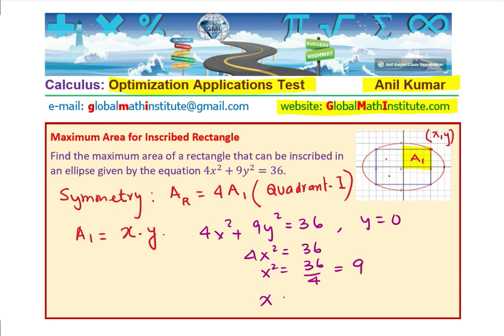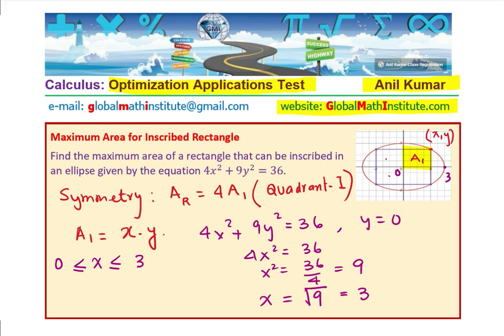And so the value of x will be square root of 9, which is positive 3. So this point here is 3. So you can see that the value of x is in between 0 and 3. So we're looking into a restricted domain.